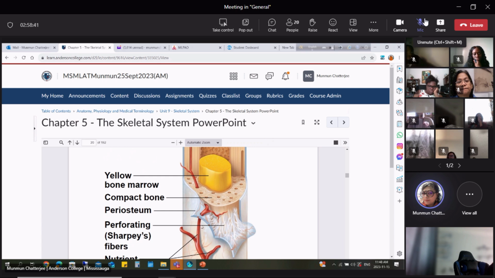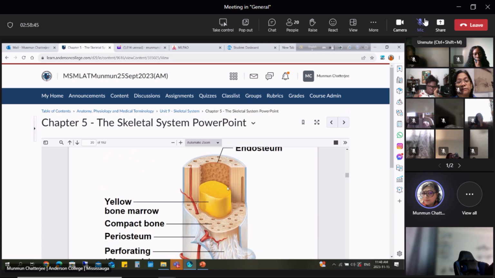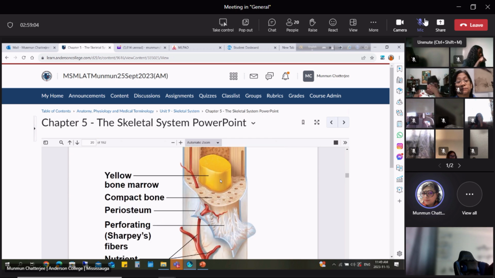From the hole, it goes inside to supply the bone. And we have the yellow bone marrow and red bone marrow. Mainly we have yellow bone marrow in the adult. We have some red bone marrow, which we see when there is a need for formation, mainly in kids.